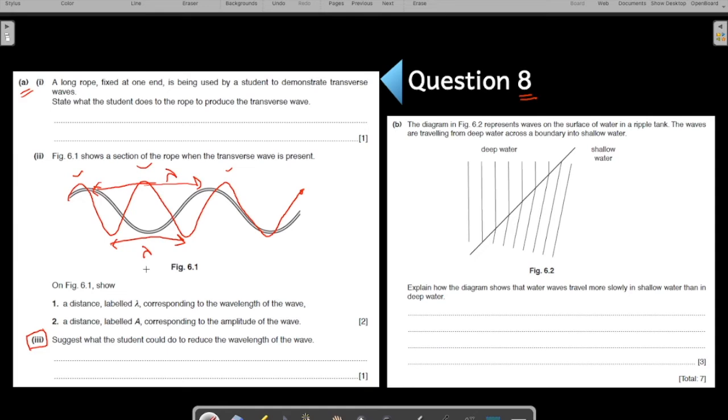So how do you get the more number of waves? Increase the frequency, or increase the movement of your hands. So what do you say? Increase the frequency of the movement of the hand while producing the wave.